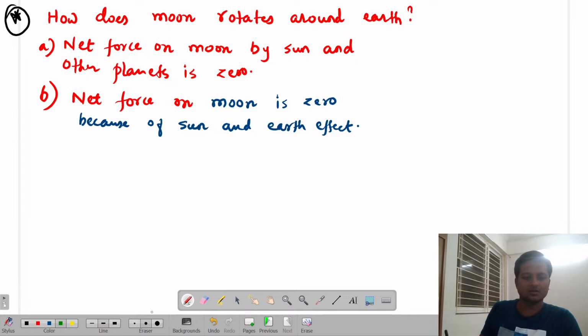Option C. Due to the particular free fall of the moon motion.